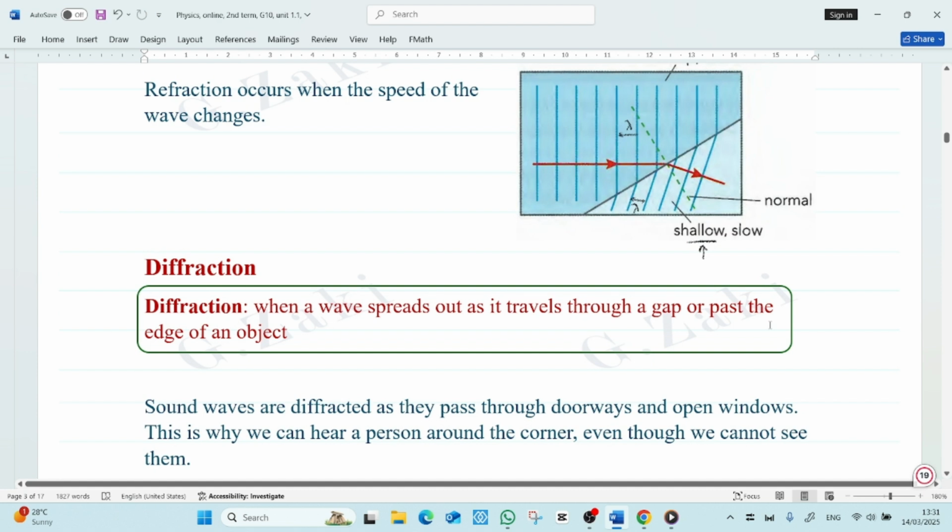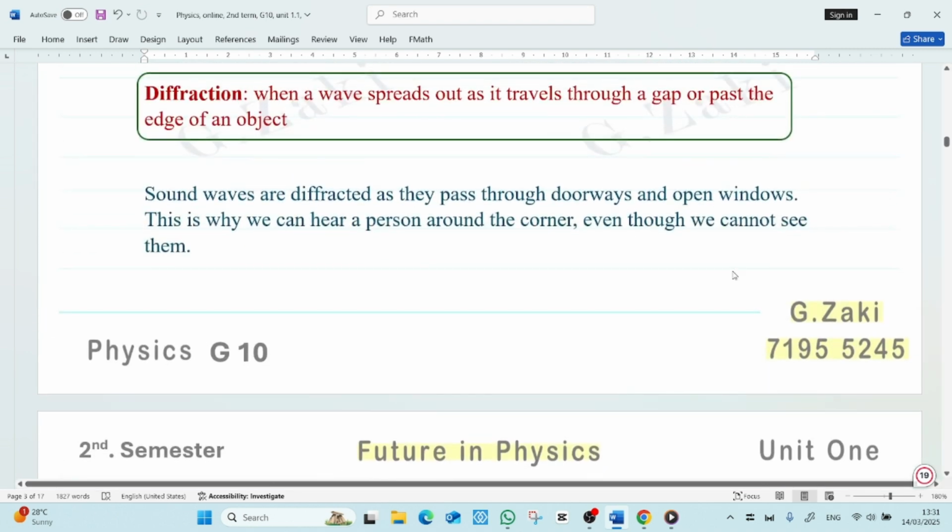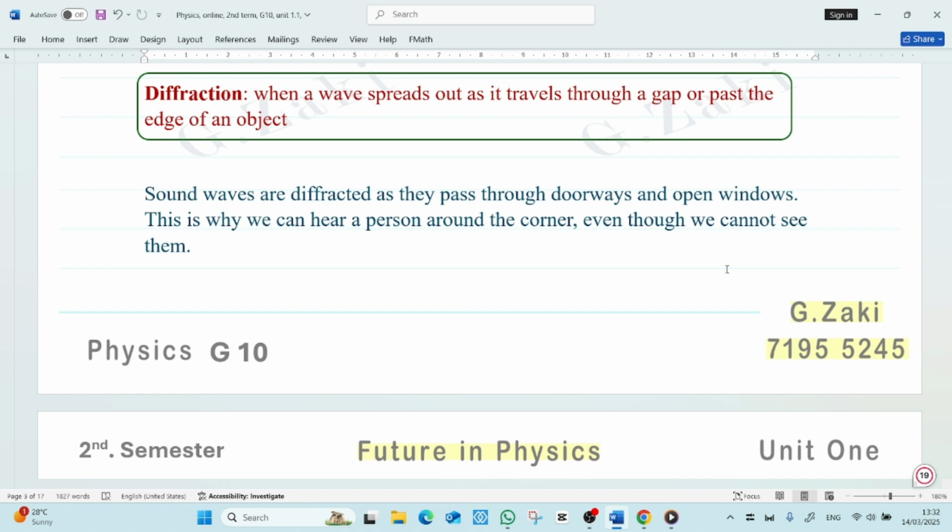Diffraction is when waves spread out as they travel through a gap or past the edge of an object. The sound waves are diffracted as they pass through a doorway and open windows. This is why we can hear a person around the corner even though we cannot see them.